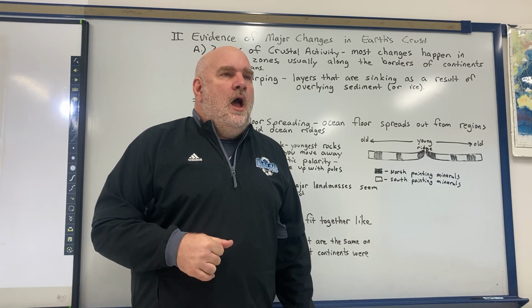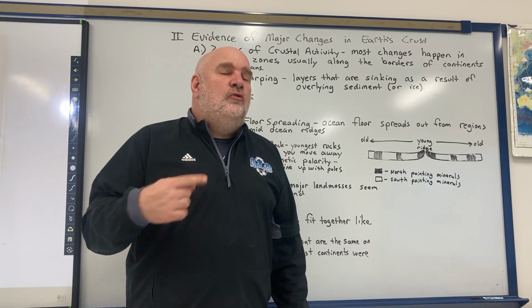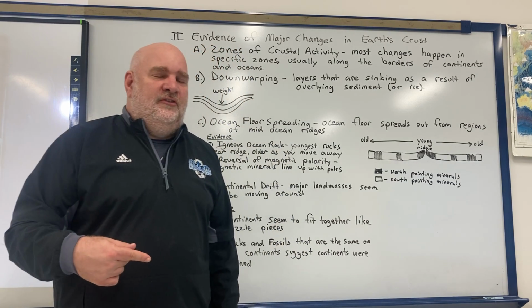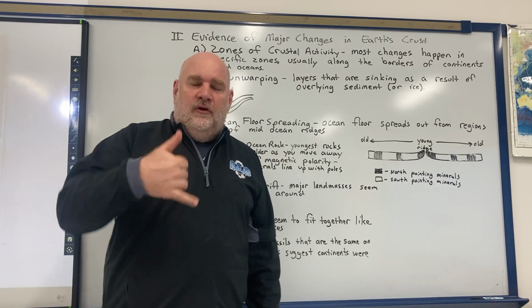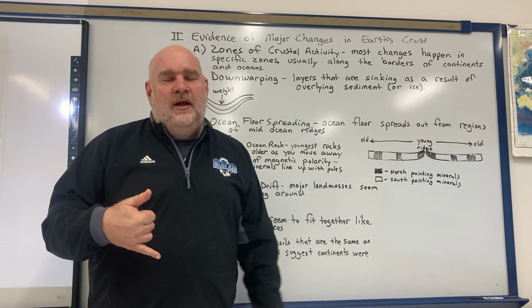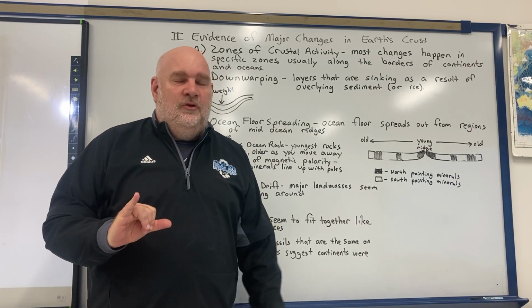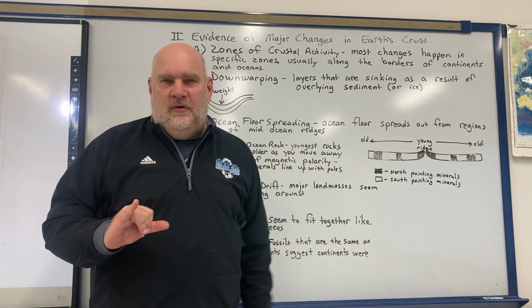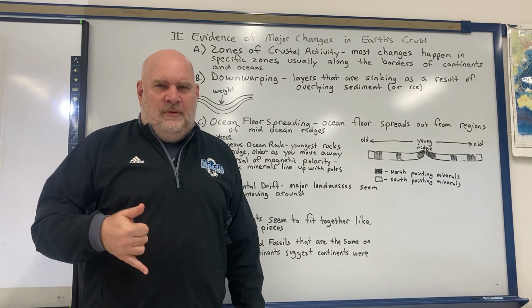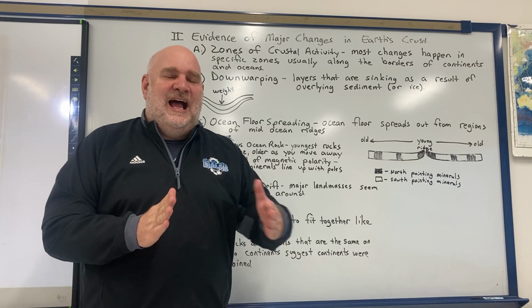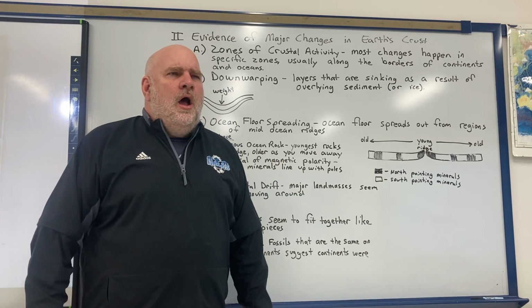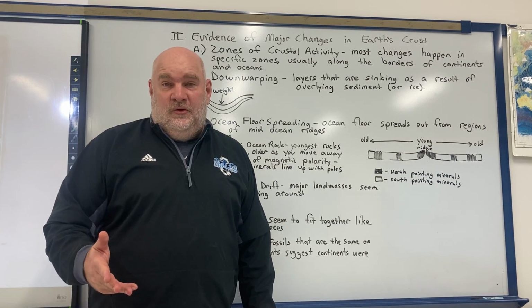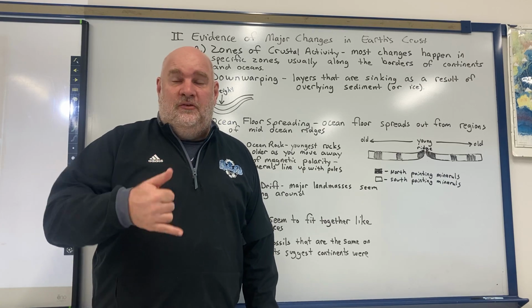Now there's no set time interval for when it reverses itself. One reversal might take place 1 million years ago, then the next one might be 2 million years before that one, and the next one before that might be 100,000 years. There's not really a set time interval between the flips. Why it flips, scientists don't know either. They just know it does flip.